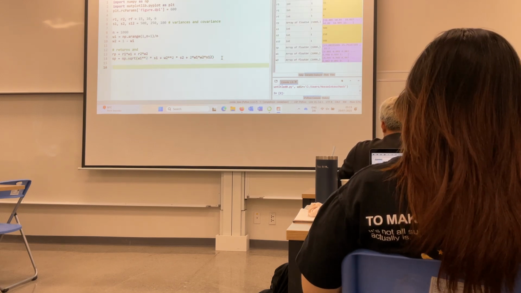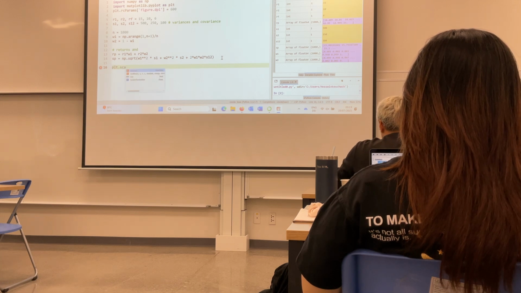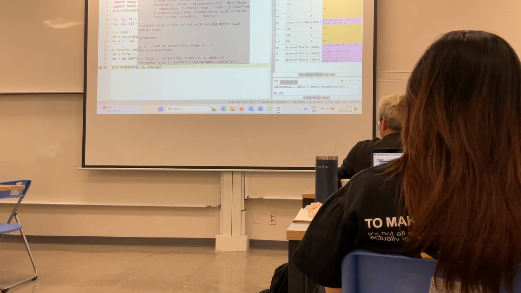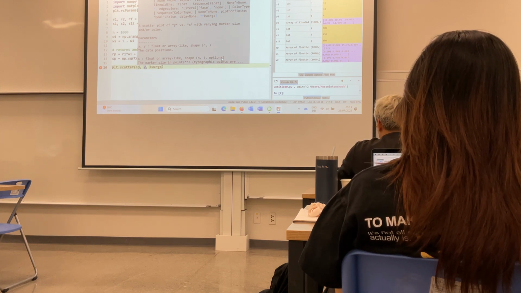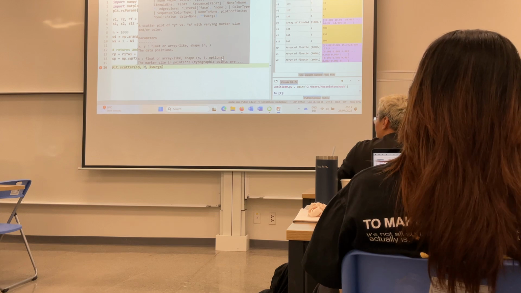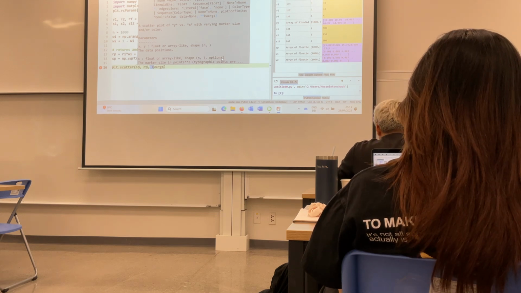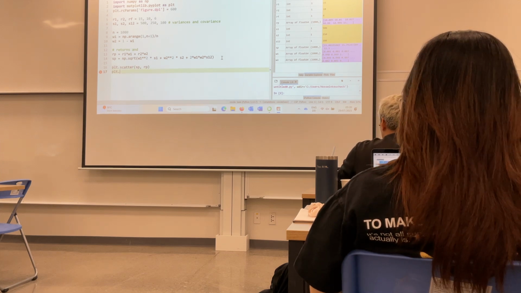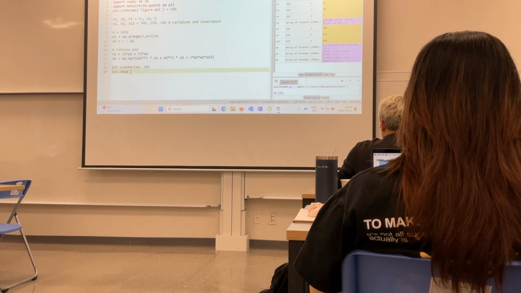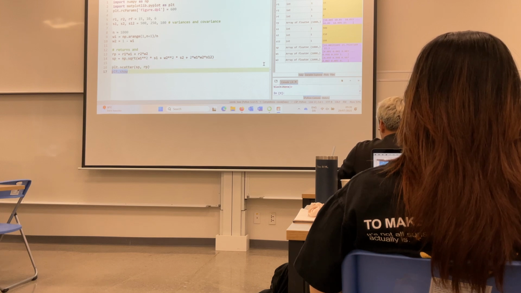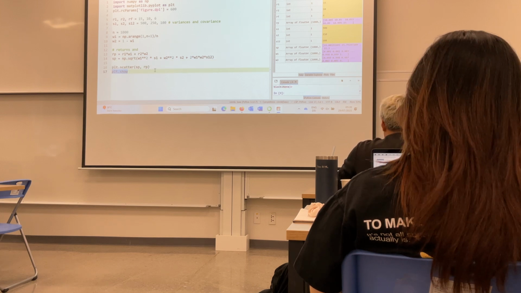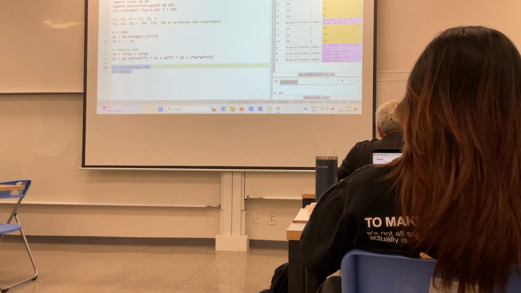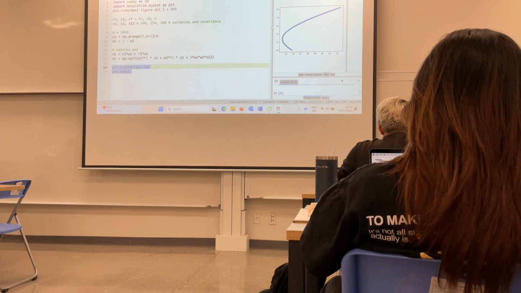Now let's do a plot. I will do a scatter plot. On the x-axis, I will put the standard deviation. On the y-axis, I will put the return. Then plt.show.